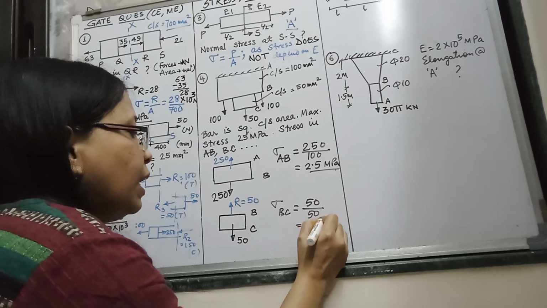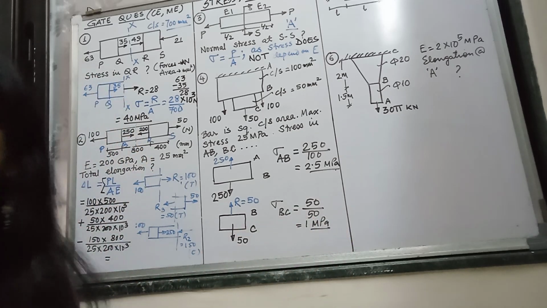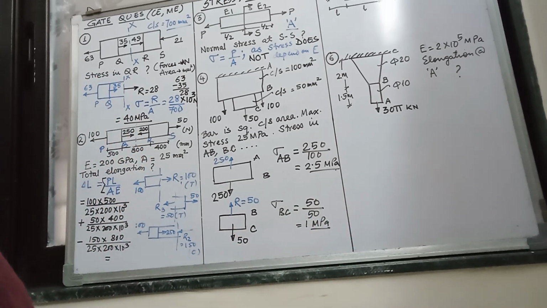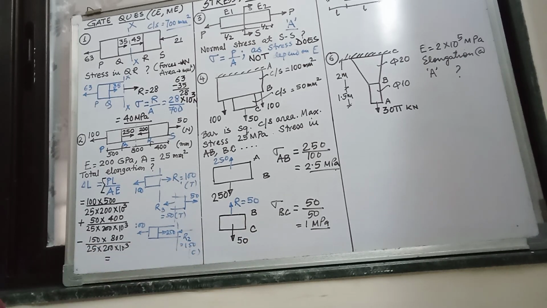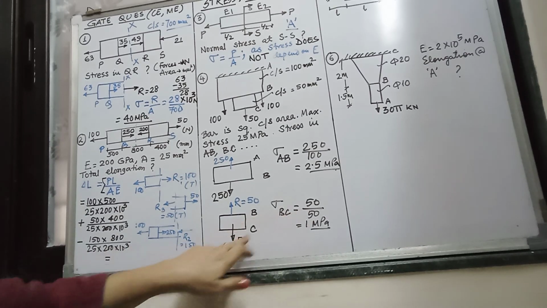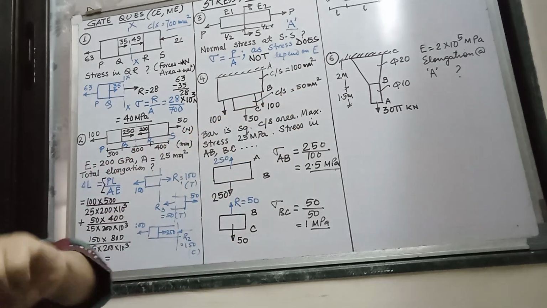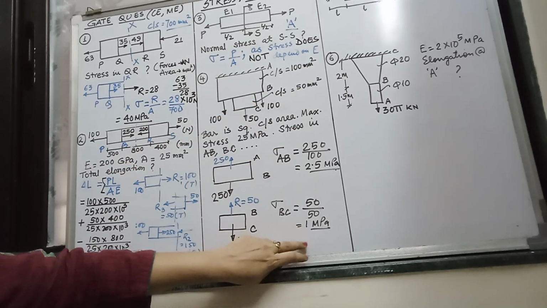That is 1 MPa. So the answer is 2.5 and 1, because this is 50 and this cross sectional area is 50. Is it okay? Is it okay?